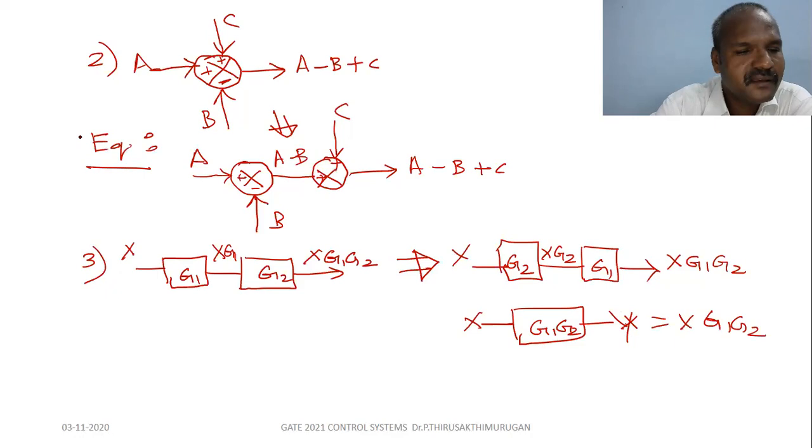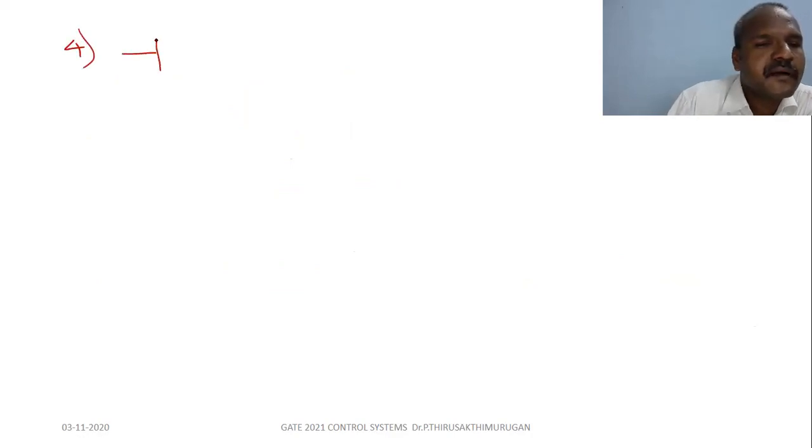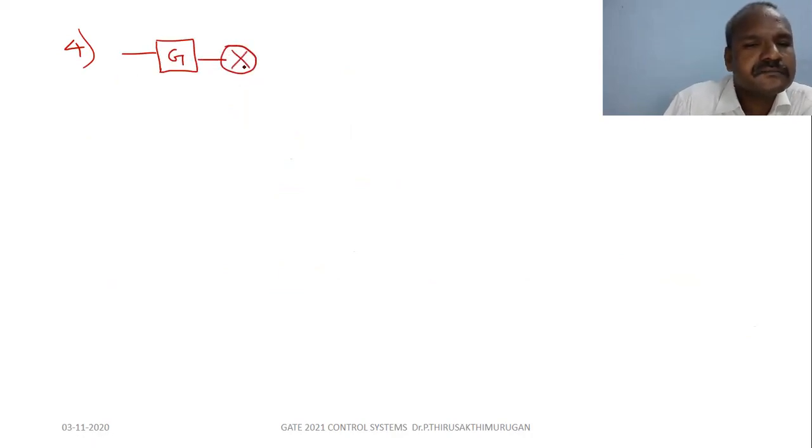Next is the fourth alternate. We have a block G, with inputs A and B. What do we get here? AG is here.